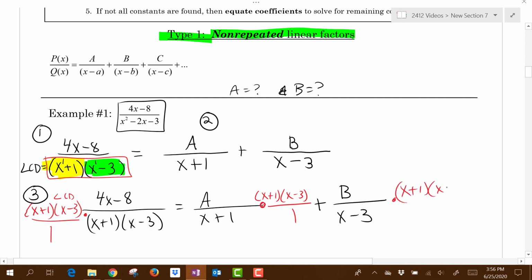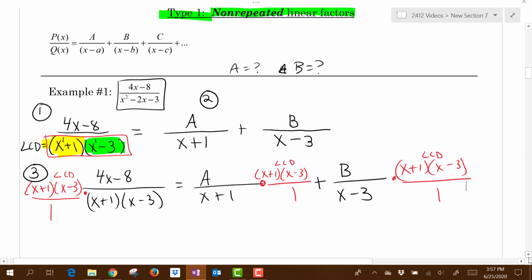And here the same thing. So step 3 says multiply through by the original denominator in the factored form. Multiply every fraction on both sides by that LCD.